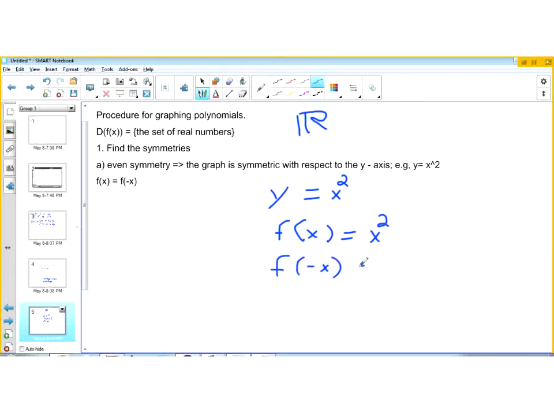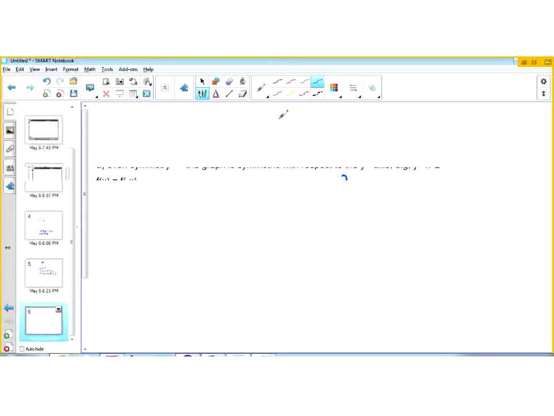F of negative x is equal to minus x quantity squared, which is equal to x squared. So when you have this kind of relationship, the function is said to have even symmetry.